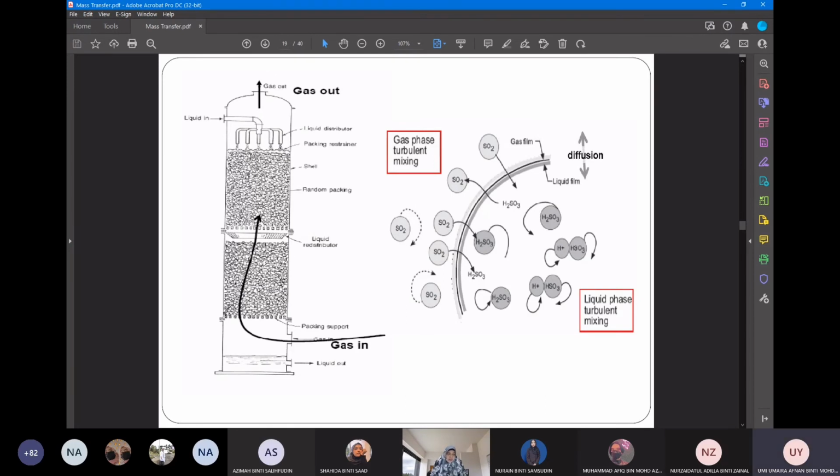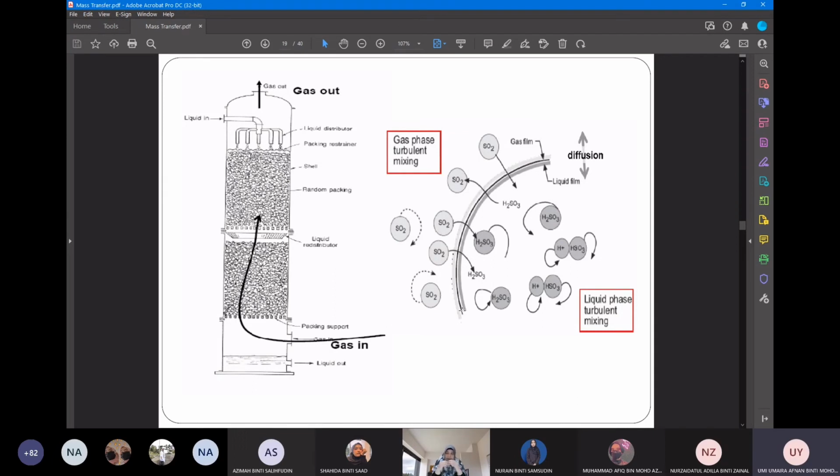Why do we need a contact area between the gas and the liquid? Look at this diagram. When you have liquid and gas, you can imagine two layers, one layer where you have your gas, another layer where you have your liquid.